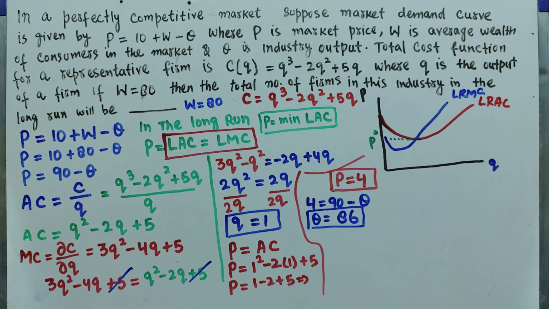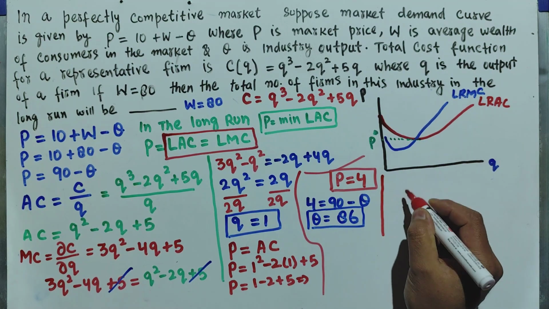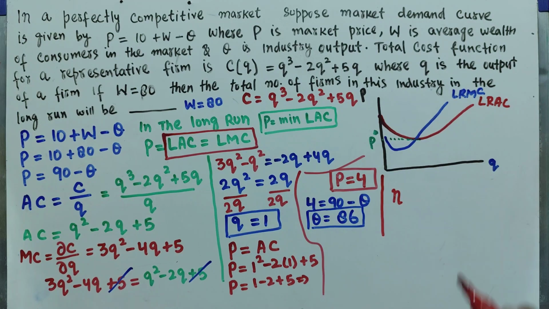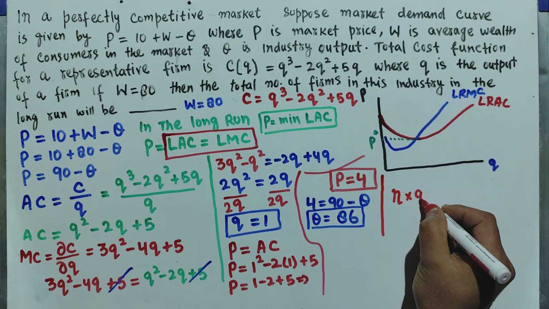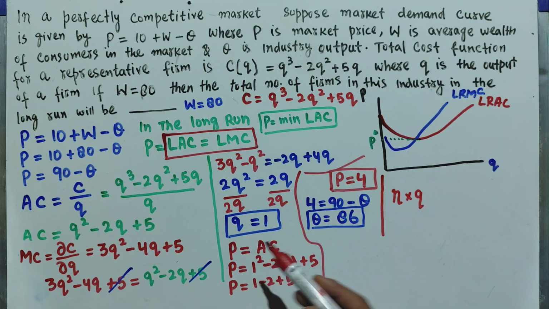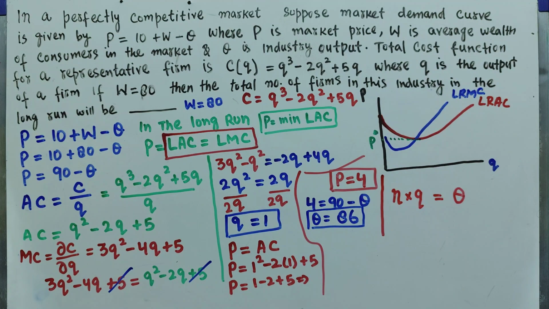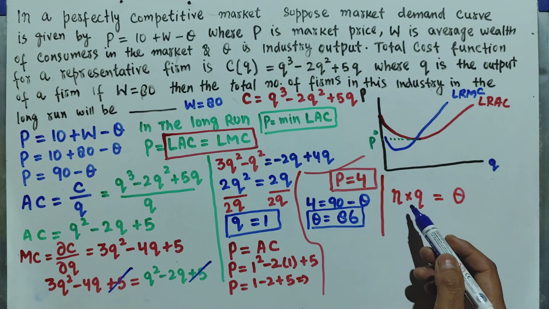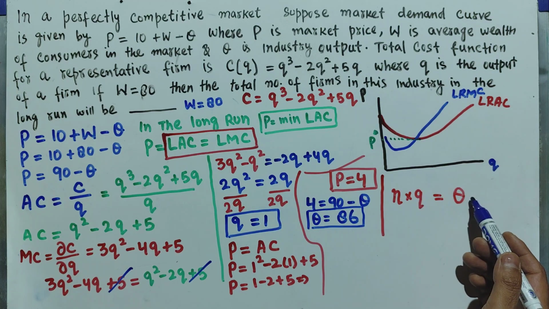This capital Q denotes the total industry output, and this small q denotes a representative firm's output. The number of firms that we are supposed to find, N, times the quantity supplied by each firm, small q, will be equal to capital Q. N times the output produced by each firm will be equal to the total output.